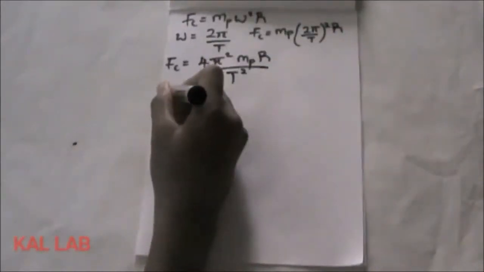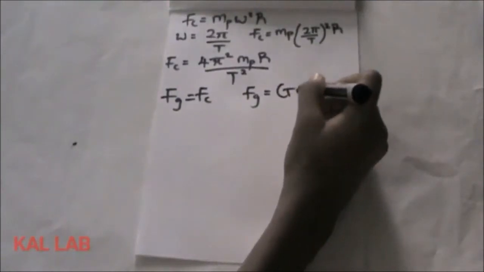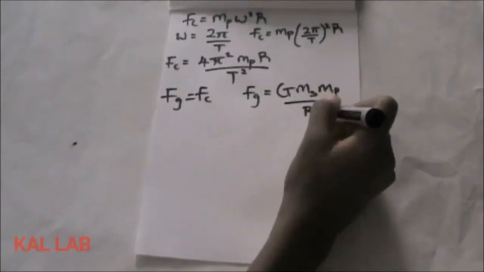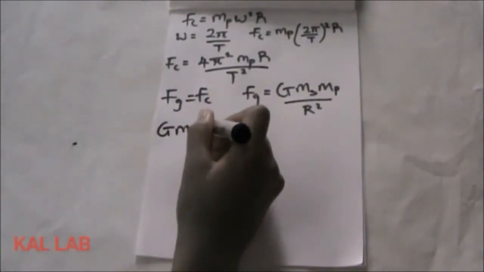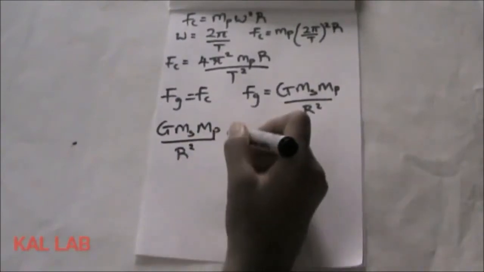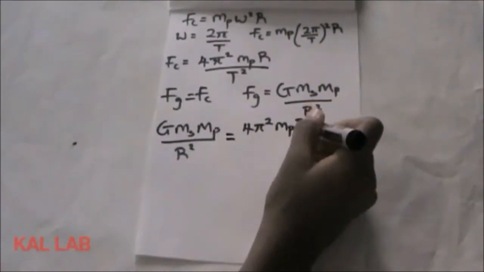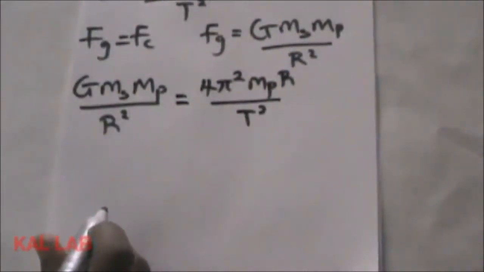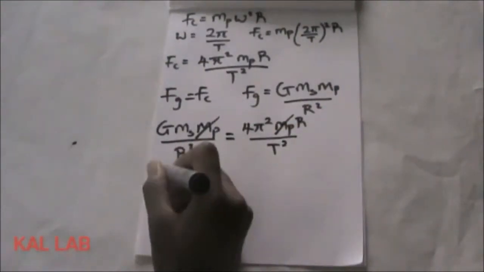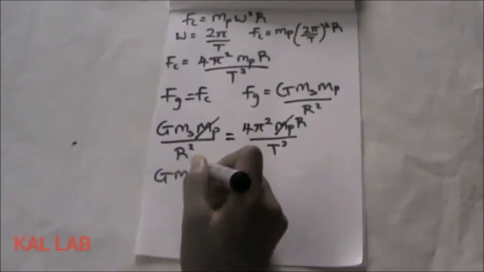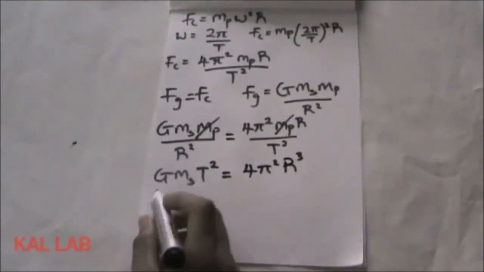Then bearing in mind that Fg equals Fc and Fg equals G Ms mp over r squared, we can therefore say G Ms mp all over r squared is equal to 4 pi squared mp r over T squared, and the mp cancels. Therefore G Ms T squared is equal to 4 pi squared r cubed.